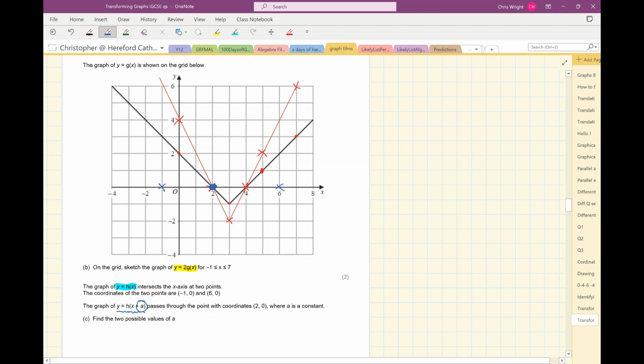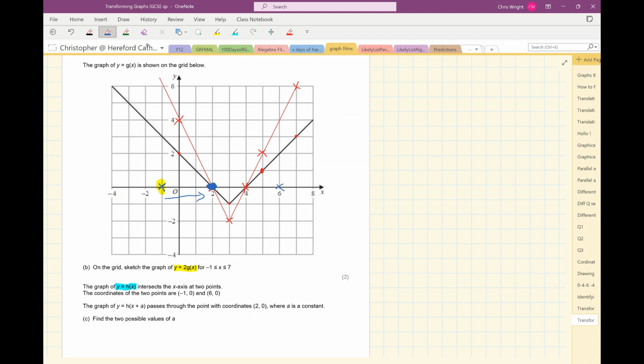Aha, now a is all about the horizontal movement of this curve, isn't it? Because a is inside the bracket. So I suppose the curve could have done two things, couldn't it? It could be that this point was moved horizontally to the right 3 units to go through the x-axis at the point 2, 0.